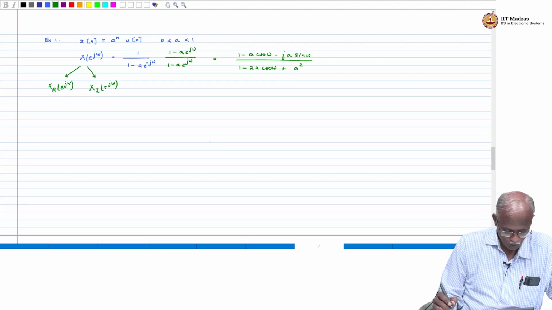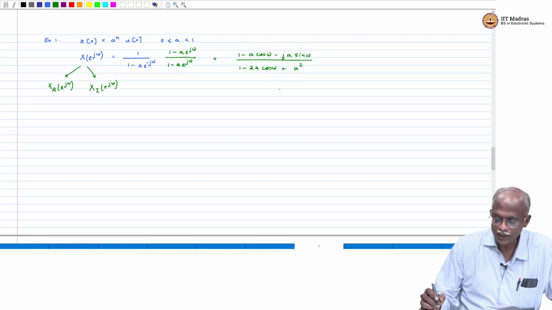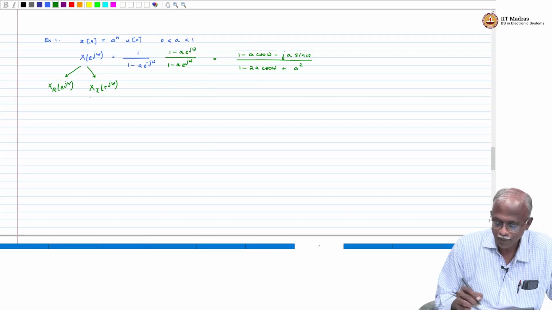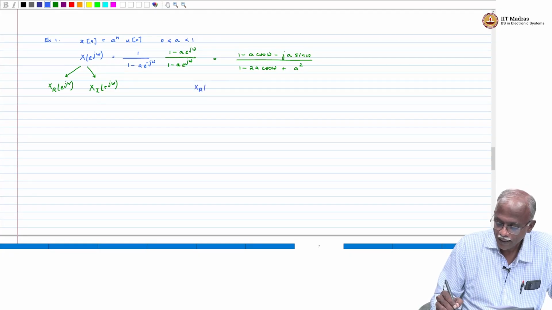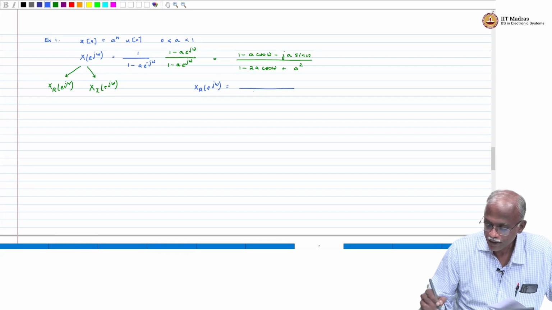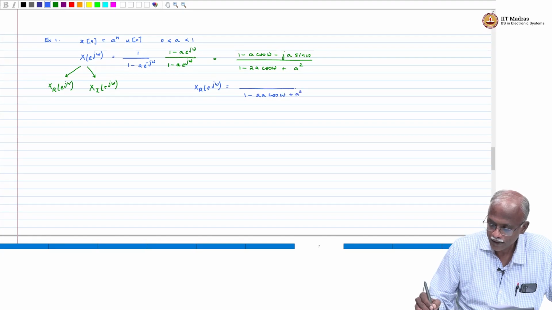So, now it is easy for us to see what the real and imaginary parts are. By inspection you can write down X_R e to the j omega: the denominator is fully real, 1 minus 2a cosine omega plus a squared, and the numerator is 1 minus a cosine omega.